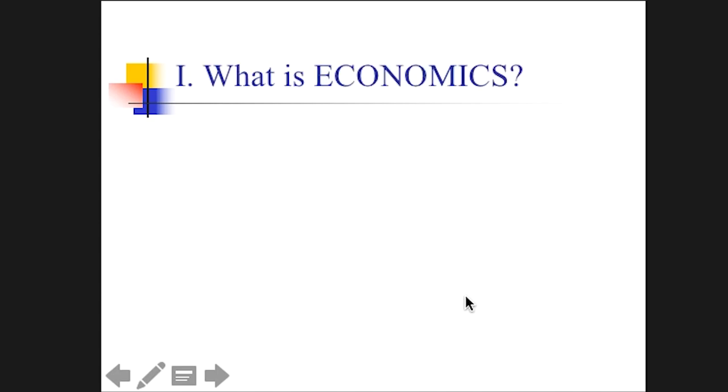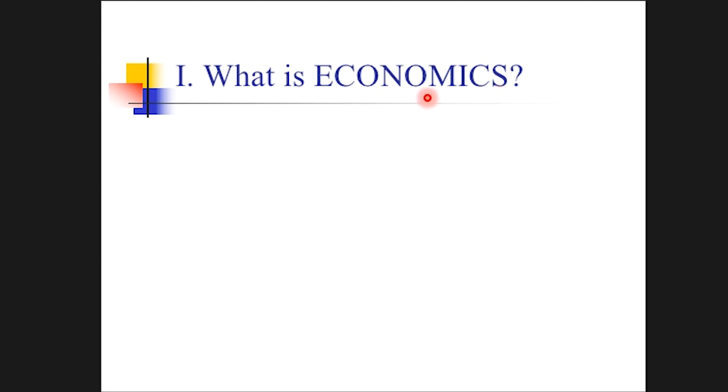So now let's have the definition of economics. To understand what economics is, we will divide the word economics into two parts. Economics includes economy and "-ics", and the suffix "-ics" refers to a science.